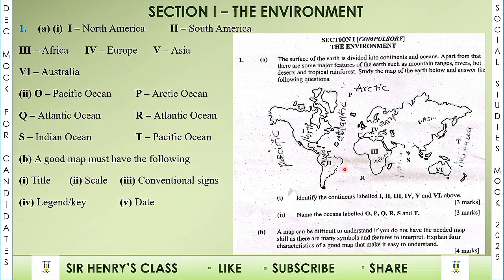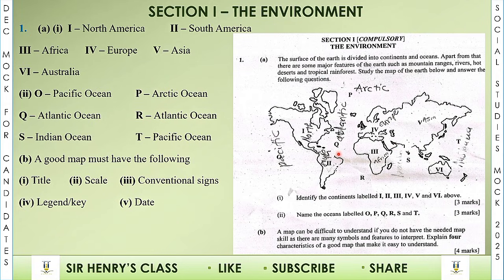So O is identified as the Pacific Ocean. And then we have P. P is the Arctic Ocean. And we have Q. Q is the Atlantic Ocean.